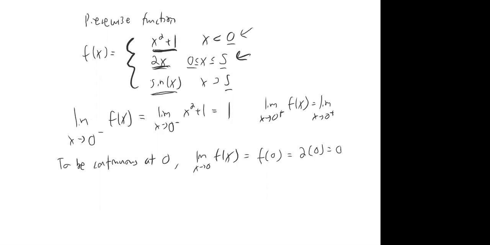The limit at 0 doesn't even exist. So in this case, not continuous at 0. You need the limit to exist and for it to be the value of your function. And then same for 5.